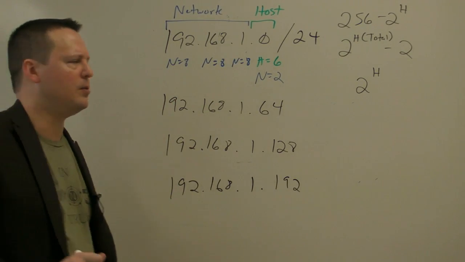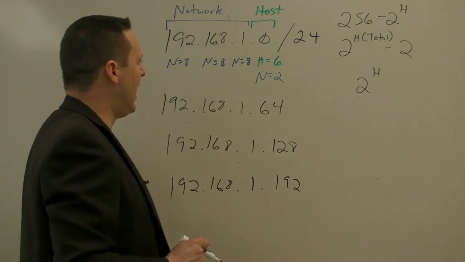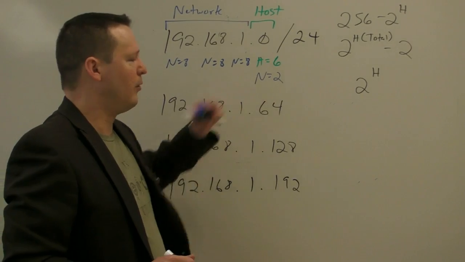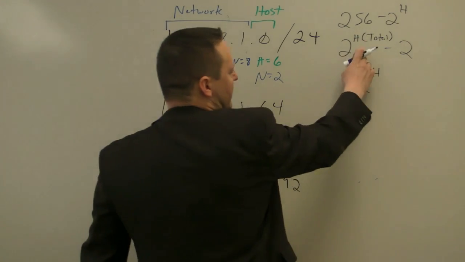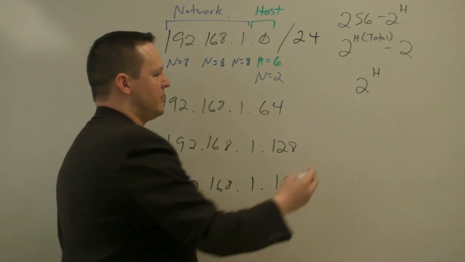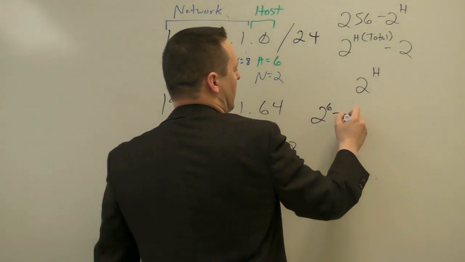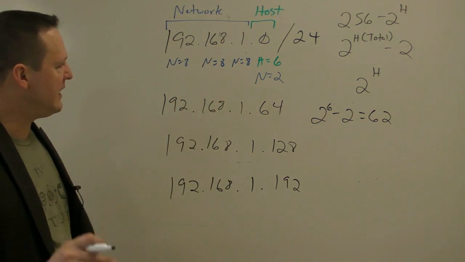Okay, you don't always have to, but you probably will. So in this simple case, though, of class C, I only have 6 host bits left. And so I say 2 to the 6th minus 2. Well, we just discovered 2 to the 6th is 64, minus 2 is 62. And we can easily identify those.